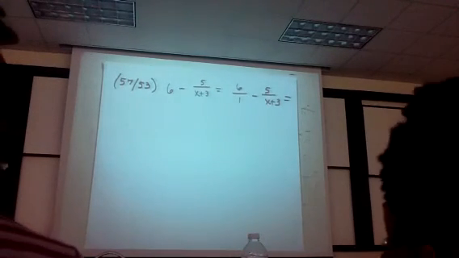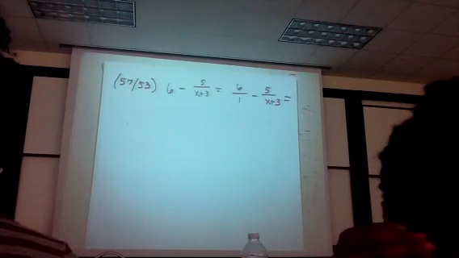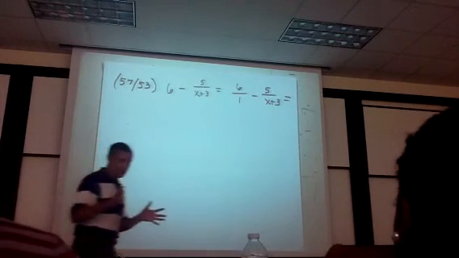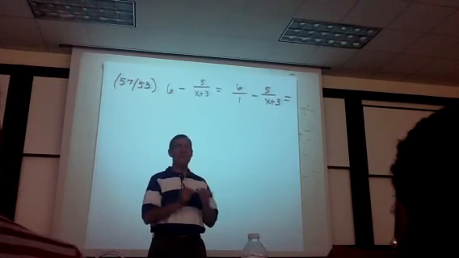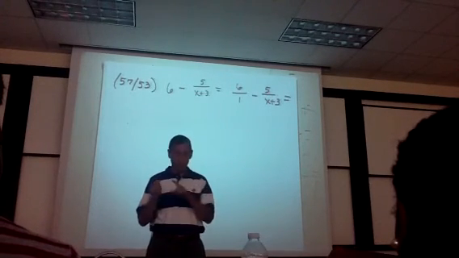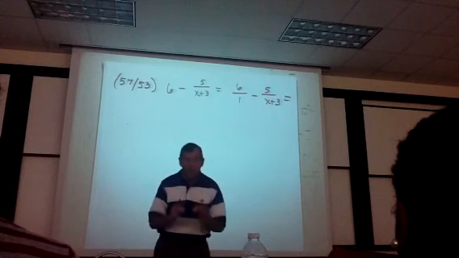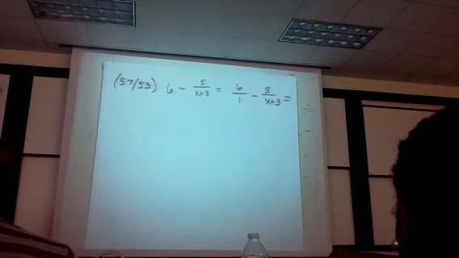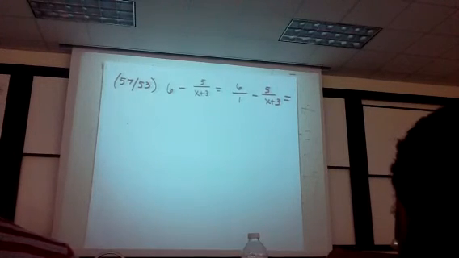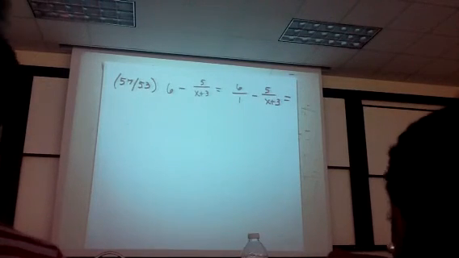I got a fraction minus a fraction. Now I need a common denominator. Here's the concept of common denominator. The common denominator involves every factor, and those are things multiplied, right? Every factor that shows up in any of your denominators. So I check out my denominators.